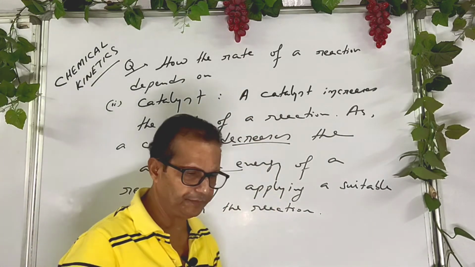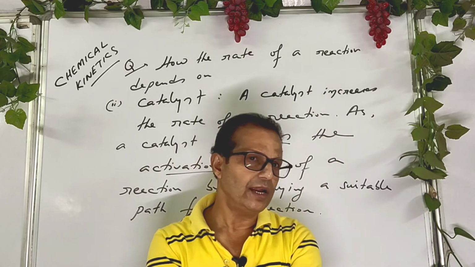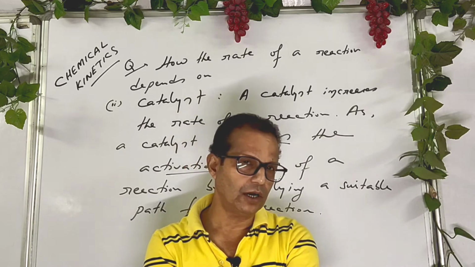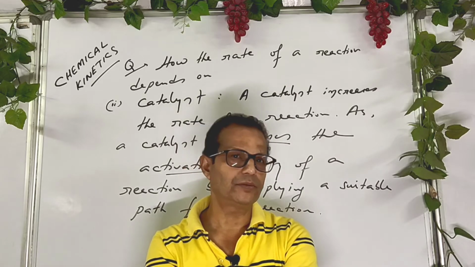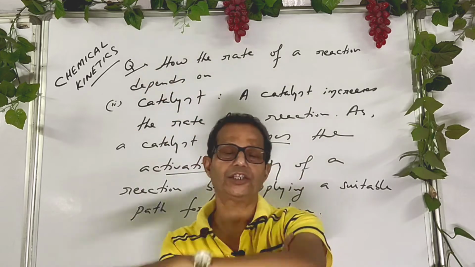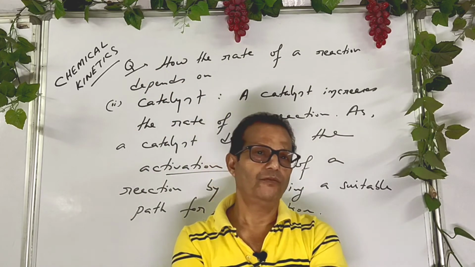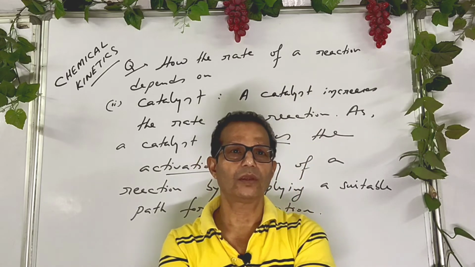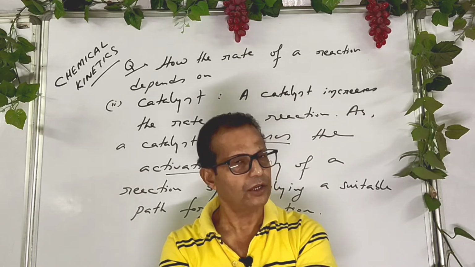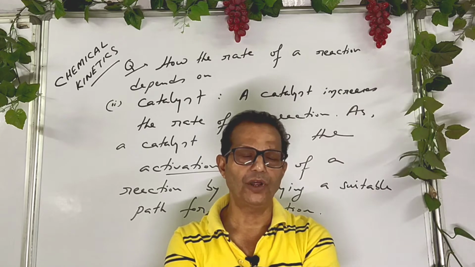Just understand it. There are some reactions which at normal conditions either do not occur or become very slow. If we want to speed up the rate of a reaction, sometimes we use catalyst. Say for a reaction 50 kilojoule of energy is required so that the reactants will change into product.